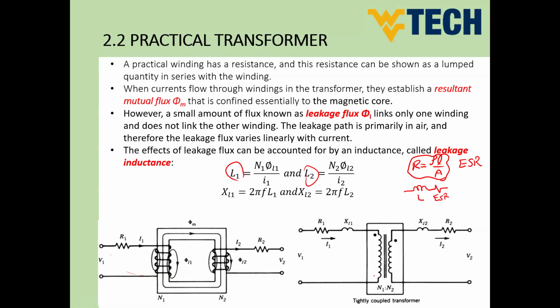And for this ideal transformer, if you have E1 and E2 here, I can say E1 divided by E2 equals N1 divided by N2. So this is now an ideal transformer. We can consider this as a practical circuit, but we are still missing small things. We will discuss it right now.